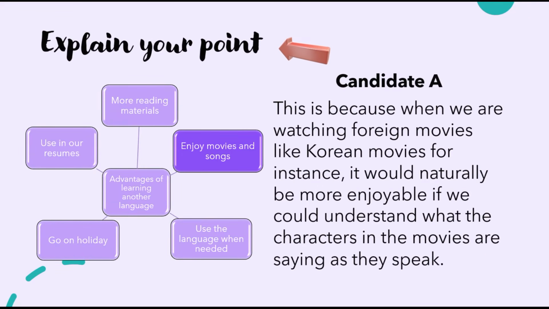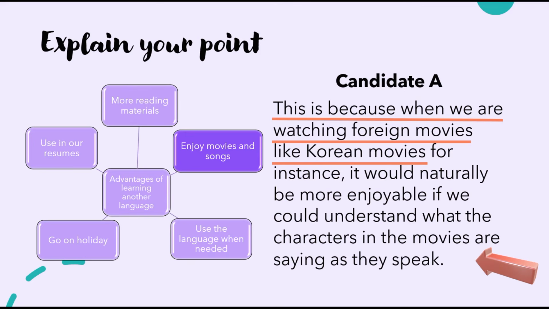Next, you will need to explain your point. This is because when we are watching foreign movies, like Korean movies for instance, it would naturally be more enjoyable if we could understand what the characters in the movies are saying as they speak. In the first part of the sentence, the candidate is giving an example.